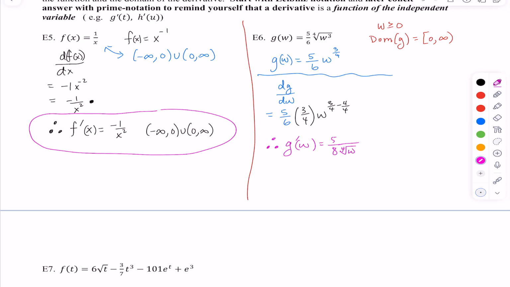And there it is. Notice the domain has changed a little bit. The domain of G prime, or the domain of the derivative function here, is not including 0 because you can't have 0 in the denominator. So very close to the original domain, but not the same.